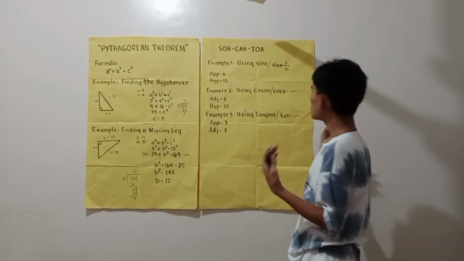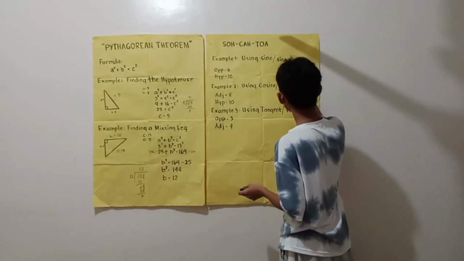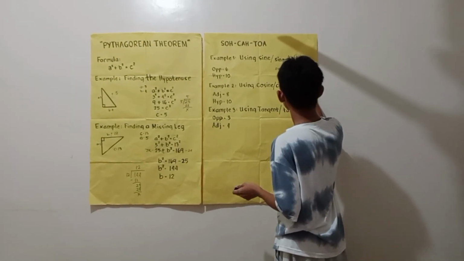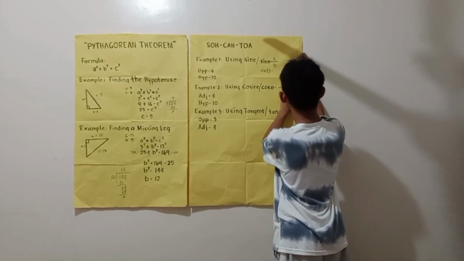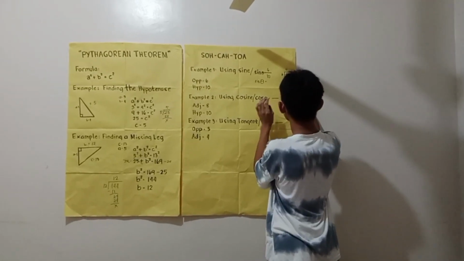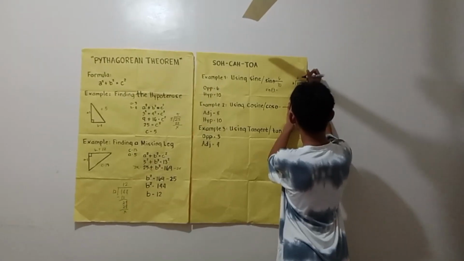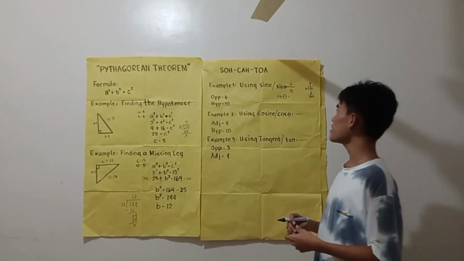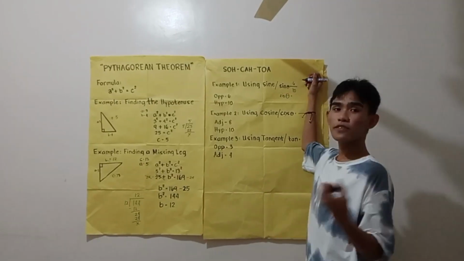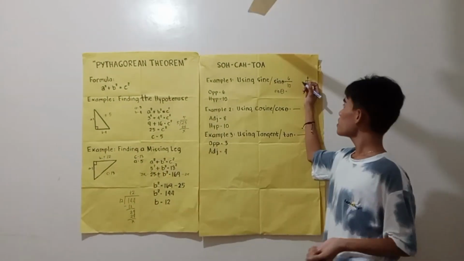To identify its value we're going to divide. Again, to find the value of sine we're going to divide the opposite over hypotenuse, which is 6 over 10.